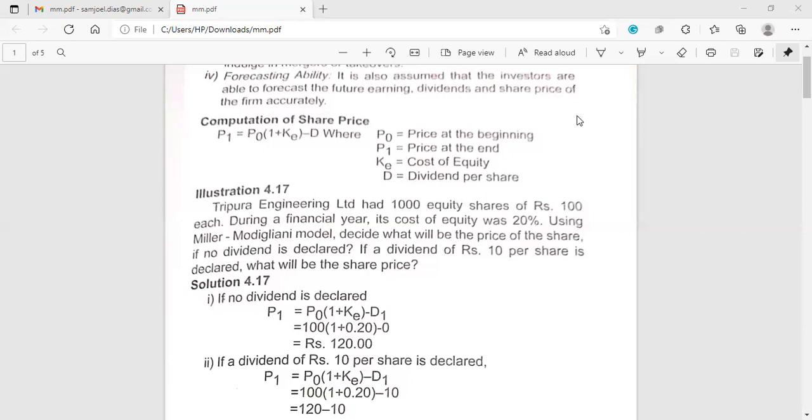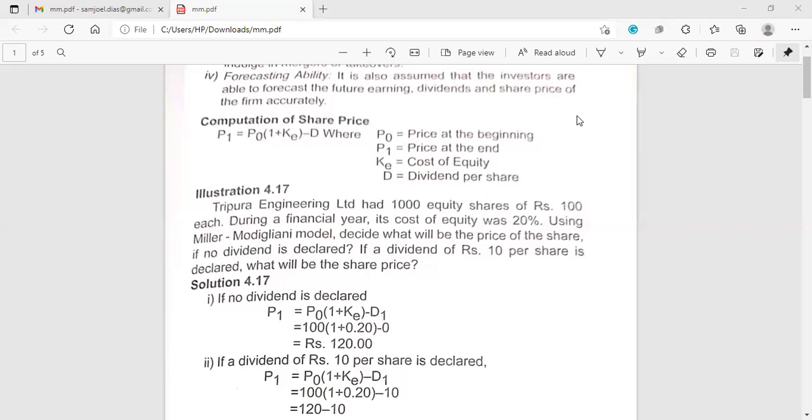But on the other hand, as the firm has distributed whatever profit earned to its existing shareholders in the form of dividend, now for the further expansion of the business or for further investments, the firm may depend upon external sources of finance, and so the firm may issue shares in order to meet its financial requirements, and this ultimately brings down the share price in the market to the previous level. So this is about the arbitrage process.